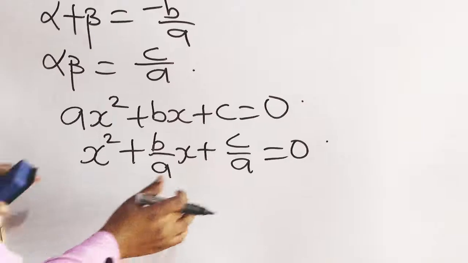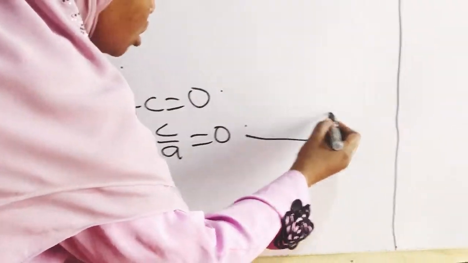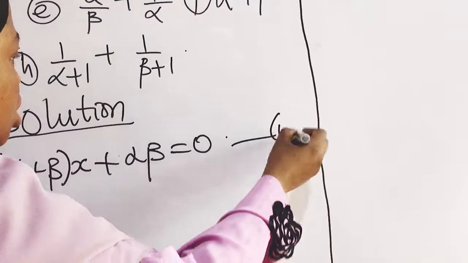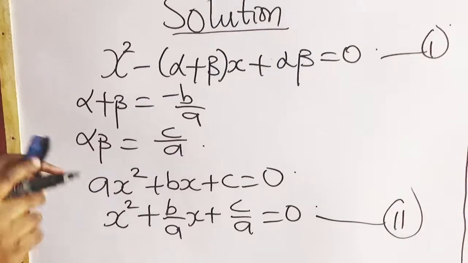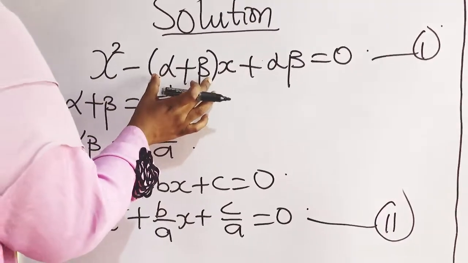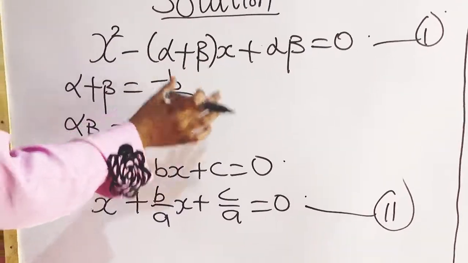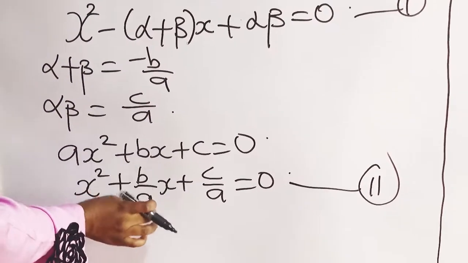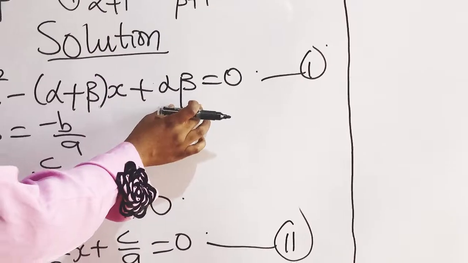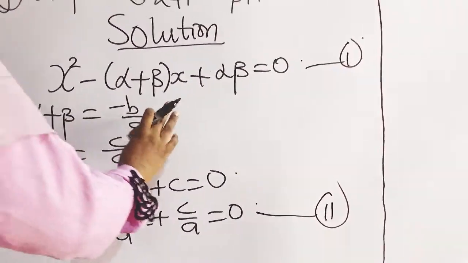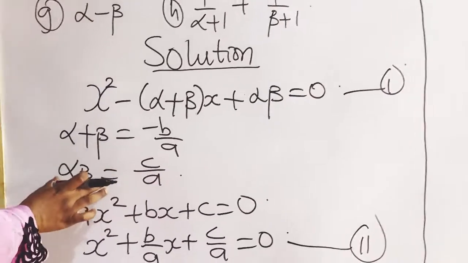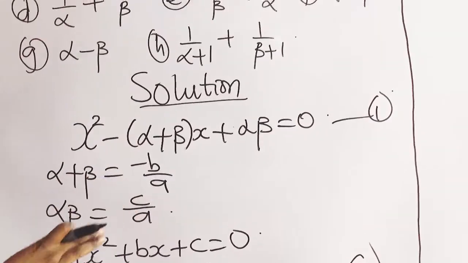Now let's call this one equation 2 and this one equation 1. If you compare equation 1 and equation 2 together, you will see that the sum of roots alpha plus beta is equal to minus b over a, and the product of roots is equal to c over a. So that is where the sum of roots and product of roots formulas were generated from.